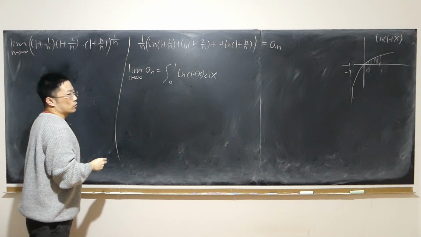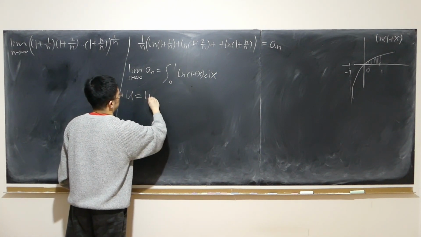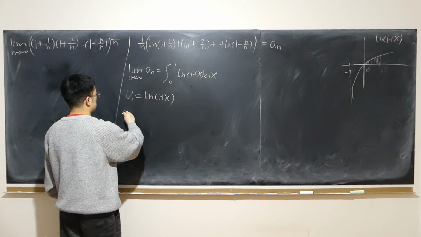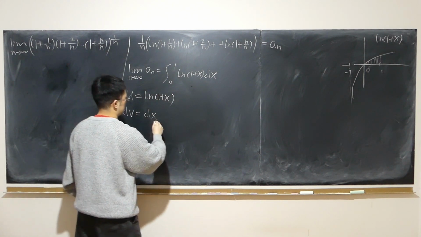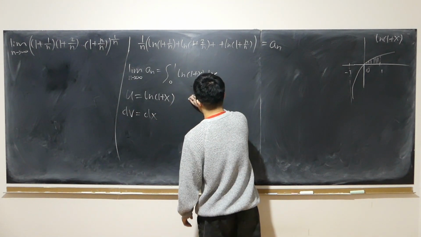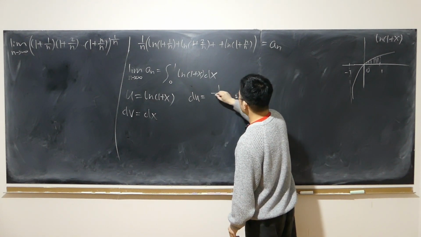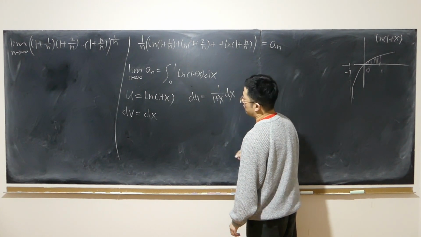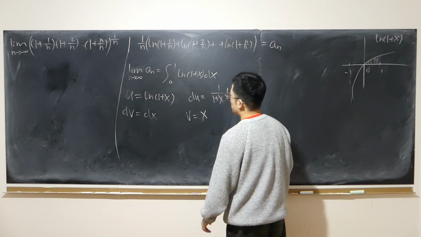Of course, I'm going to let u equal log(1 + x). Therefore dv is just dx. That way I can say du is equal to 1 over (1 + x) dx, and v is simply x.